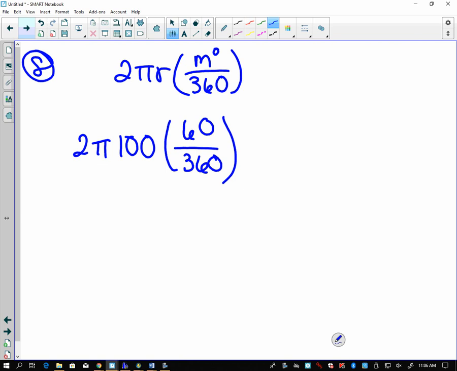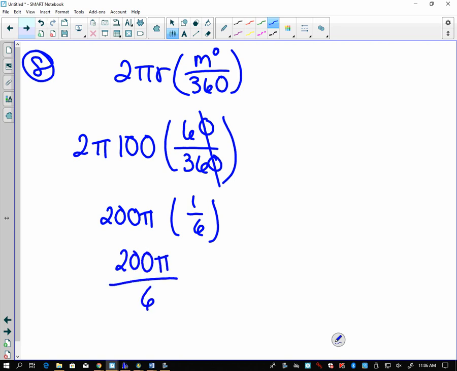So 60 over 360, that's the same as 6 over 36, which is 1/6. Right now I have 200 pi times 1/6, or 200 pi divided by 6. And I wait till the very end, till I get something like this, before I actually plug pi in and solve. That way I'm not getting an estimation, I'm not rounding, I'm getting as exact a decimal as I can.